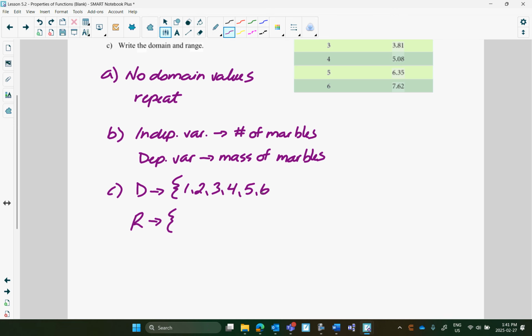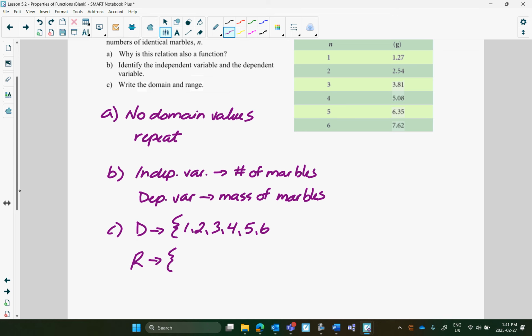And the range will be the 6 masses: 1.27, 2.54, 3.81, 5.08, 6.35, and 7.62.